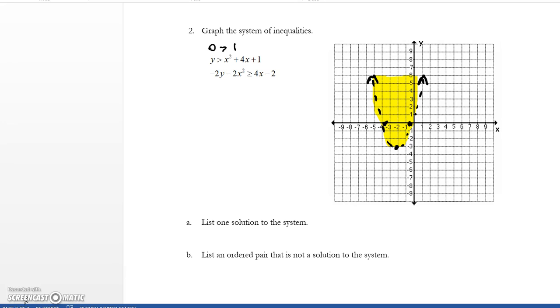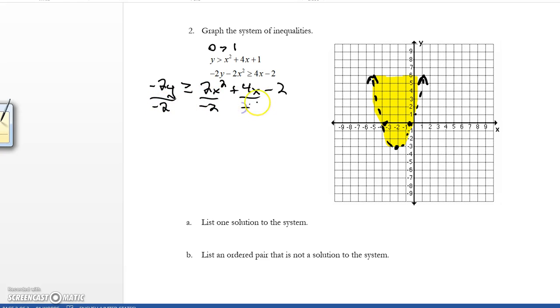Now the bottom one, we have to solve this for y. So I'm going to go ahead and do that over here. I've got negative 2y. I have to add the 2x squared to both sides. So greater than or equal to 2x squared plus 4x minus 2. Now I have to divide every single thing by negative 2.